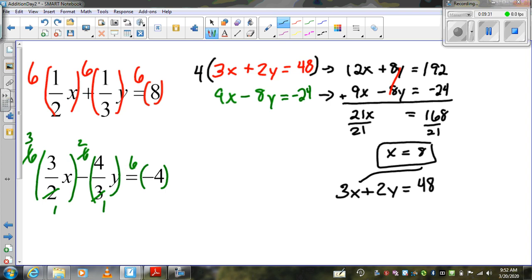And I'm going to put that 8 right in here. So I'm going to do 3 times 8 plus 2y is equal to, let me fix that. So 24 plus 2y is equal to 48.